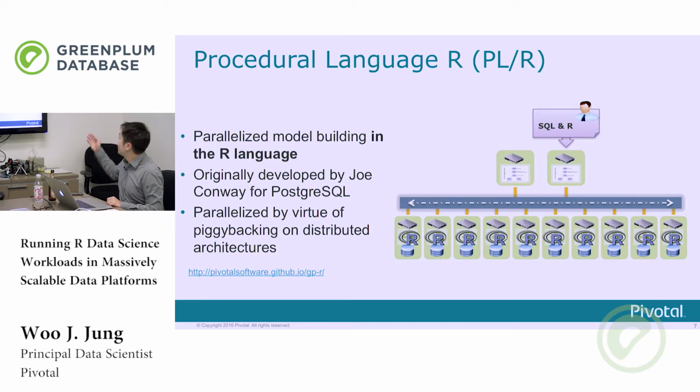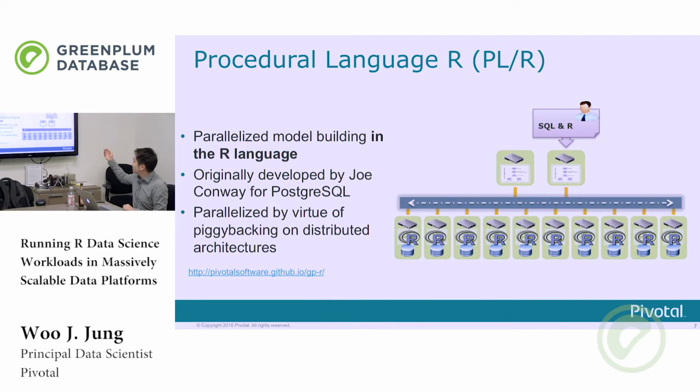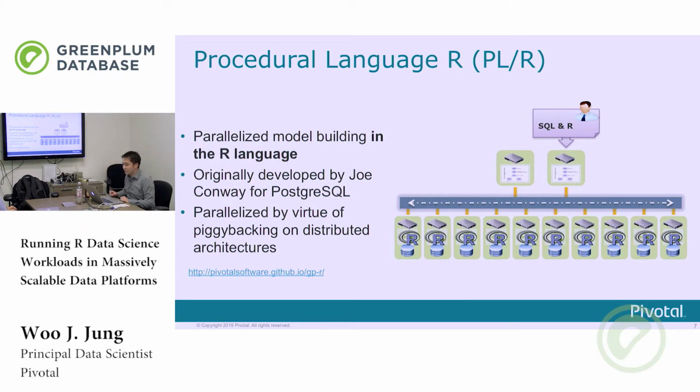If we think of this diagram here as your Greenplum cluster, with a master node and then several segment nodes at the bottom, you can have R runtimes running in parallel across the stack and increase, I guess, the productivity of your data scientists as they get to insights.